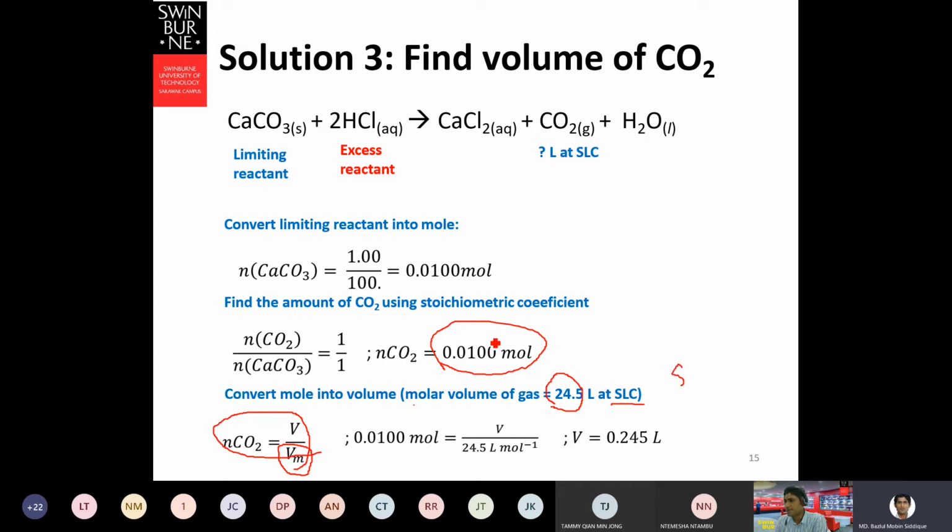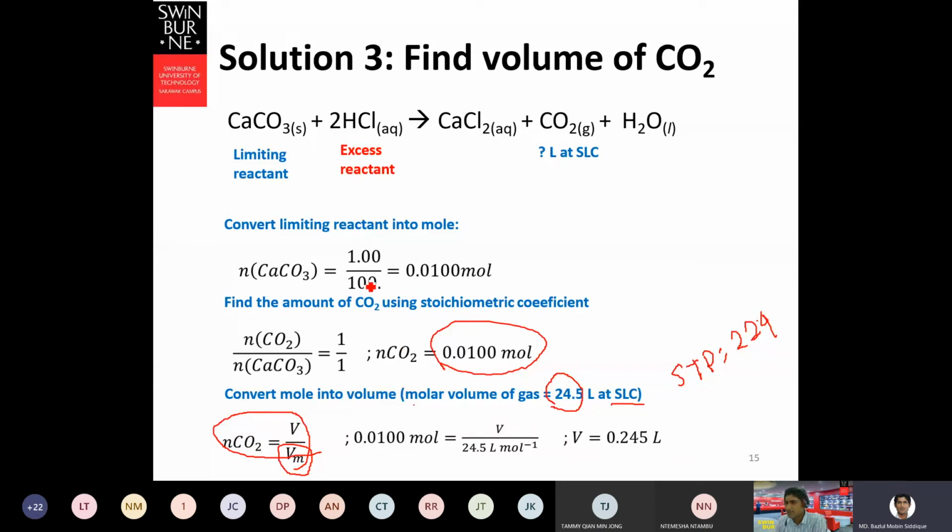Okay, if it is at STP, that means standard temperature and pressure, then the molar volume Vm will be 22.4 liter per mole, just like this, liter per mole.